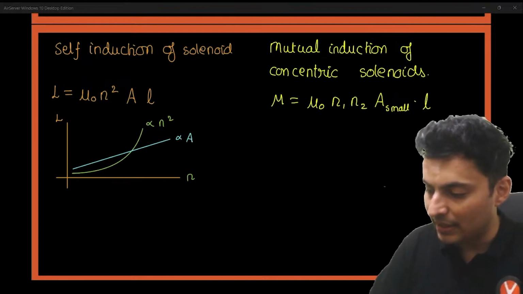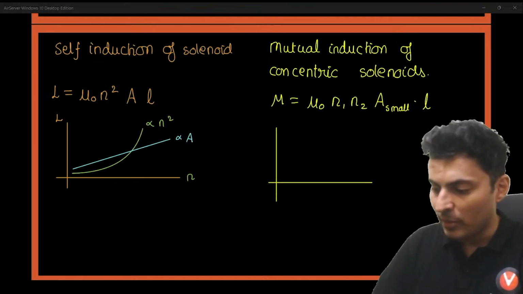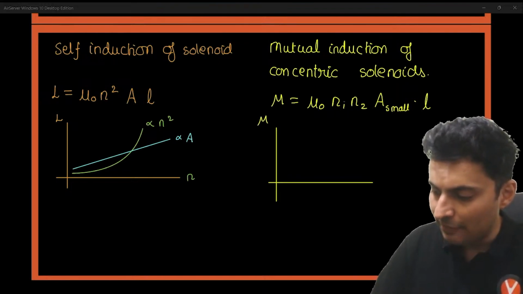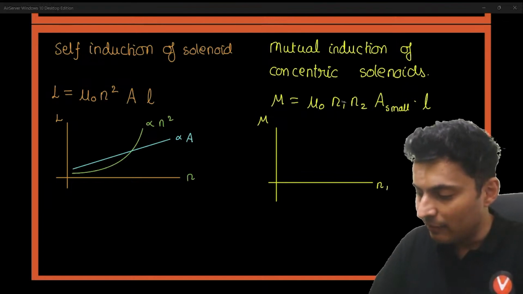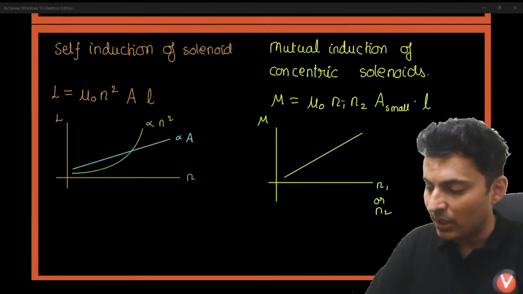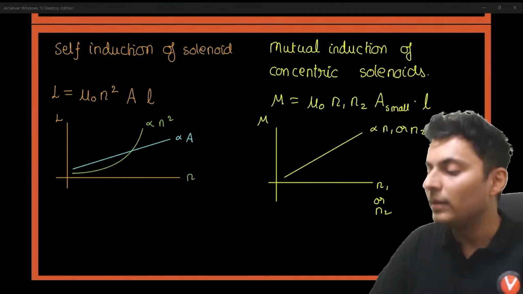As simple as that. Similarly, for the mutual induction coefficient, if the graph is asked for either N1 or N2, it will be just a straight line because it is directly proportional to N1 or N2.